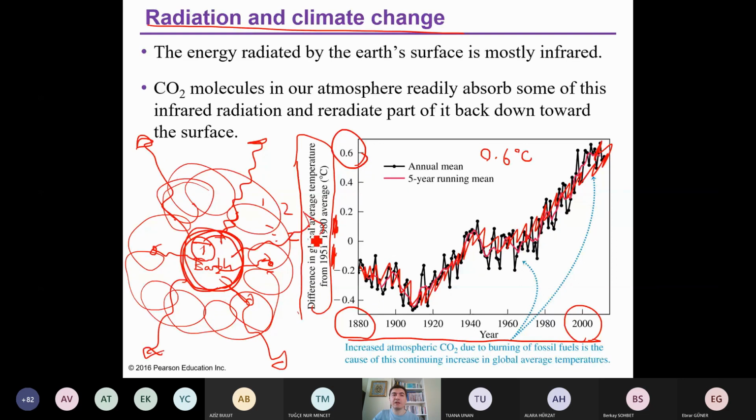But what about the source of these carbon dioxide molecules? Where does it come from? It comes from industry. Increased atmospheric carbon dioxide due to the burning of fossil fuels is the cause of this continuing increase in global average temperatures. Do you have any question here?